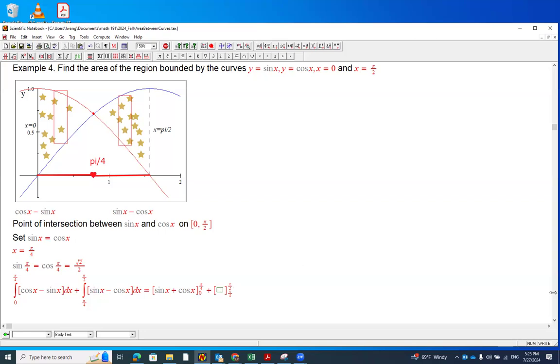The antiderivative of sine is negative cosine. The antiderivative of cosine is sine. And then you just plug in the numbers.